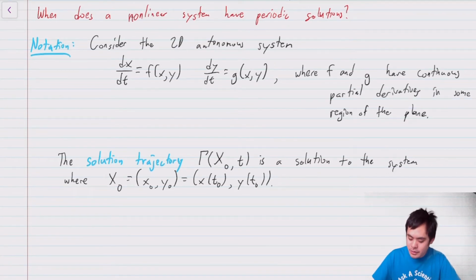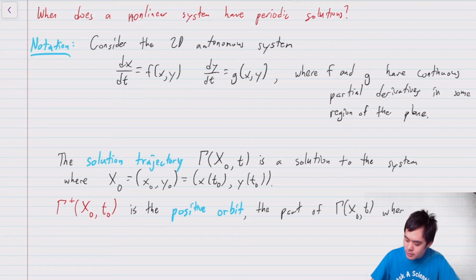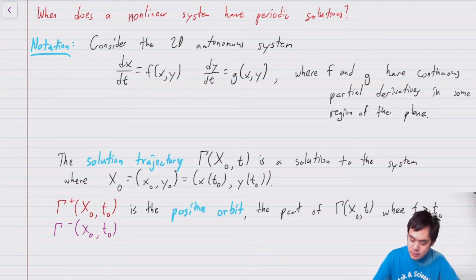Furthermore, lambda plus of x naught, t naught is the positive orbit, the part of Gamma of x naught, t where t is greater than or equal to t naught, and we have a negative orbit, Gamma minus of x naught, t naught.